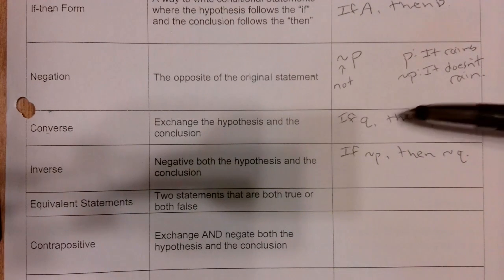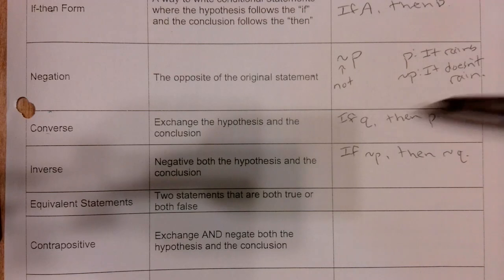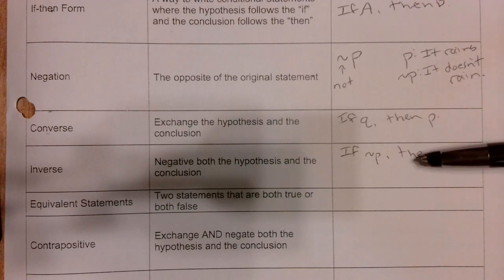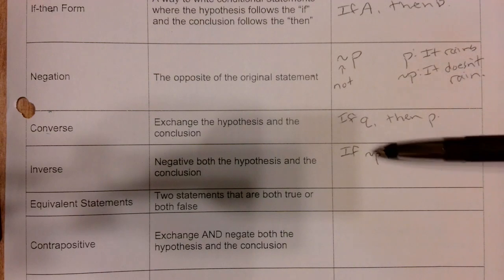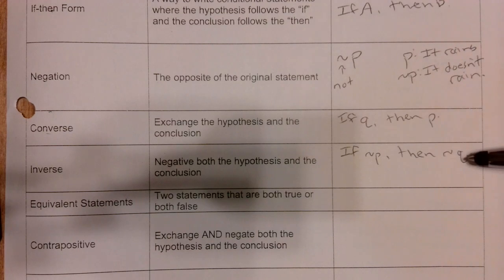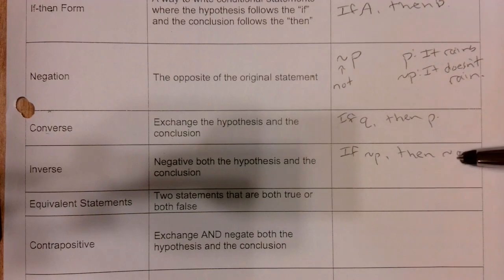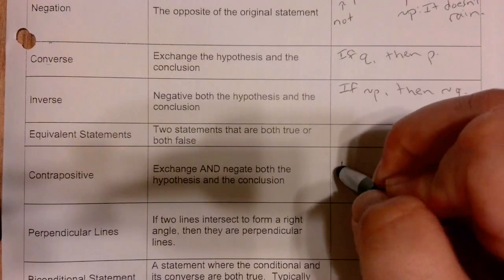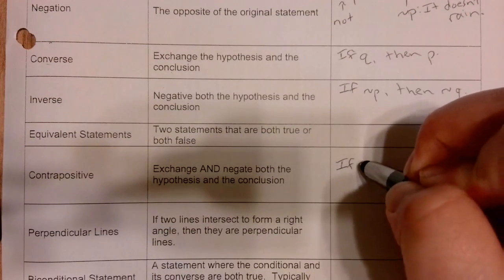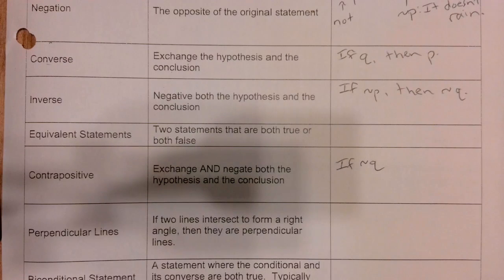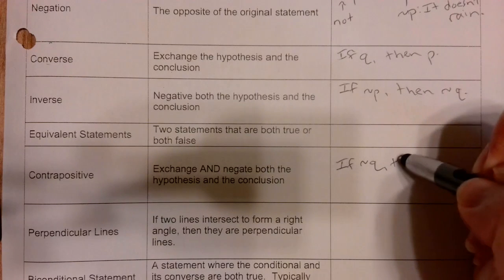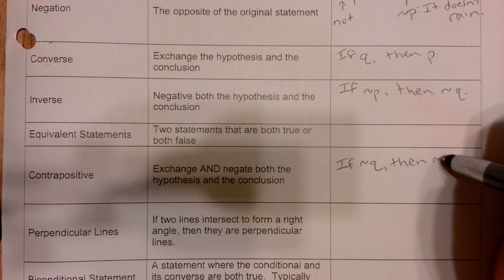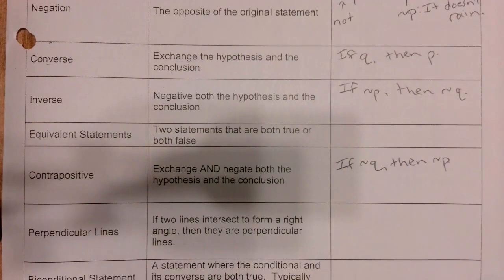So for the converse, instead of PQ, we went QP. For the inverse, instead of PQ, we went not P, not Q. We put the nots in there. For the contrapositive, we need to do both. We switch the order and negate. If not Q, then not P.